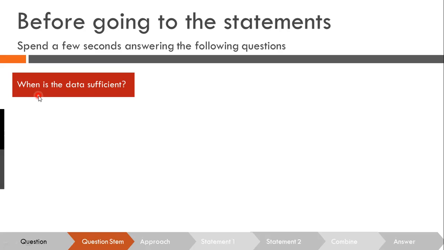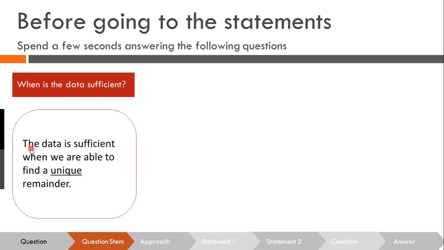We should ask ourselves whether some more information is given. The answer is this one: the data is sufficient when we are able to find a unique remainder.